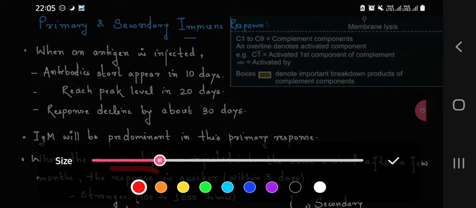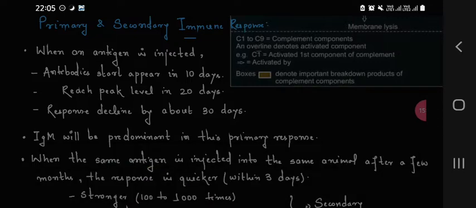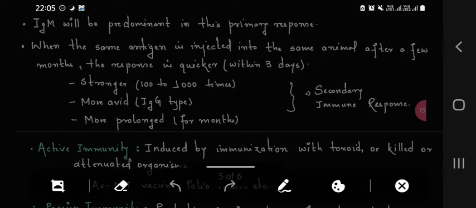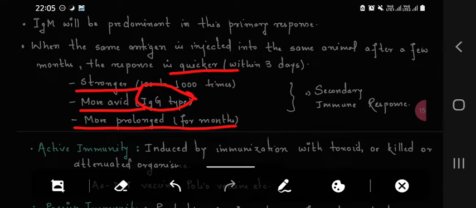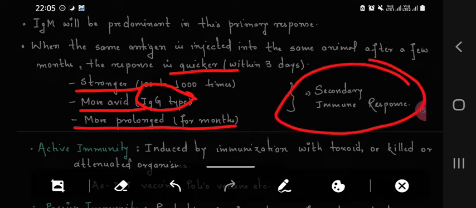Secondary or anamnestic response is quick, stronger, more avid, IgG type, and more prolonged for months. Secondary immune response.